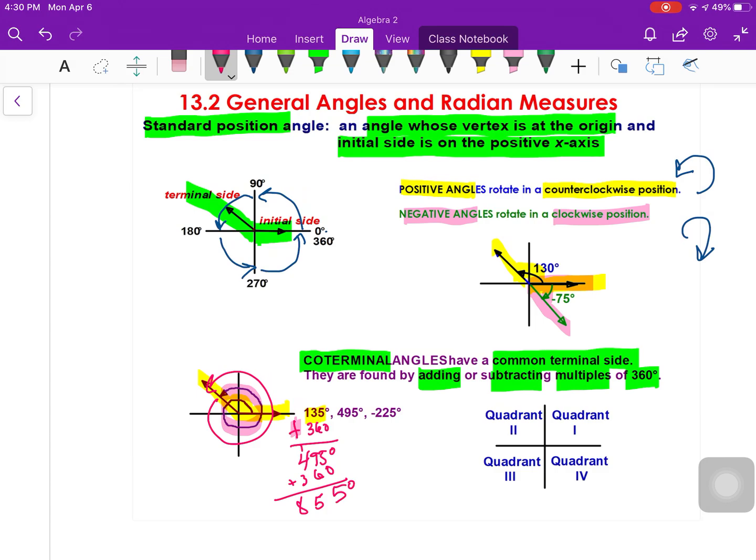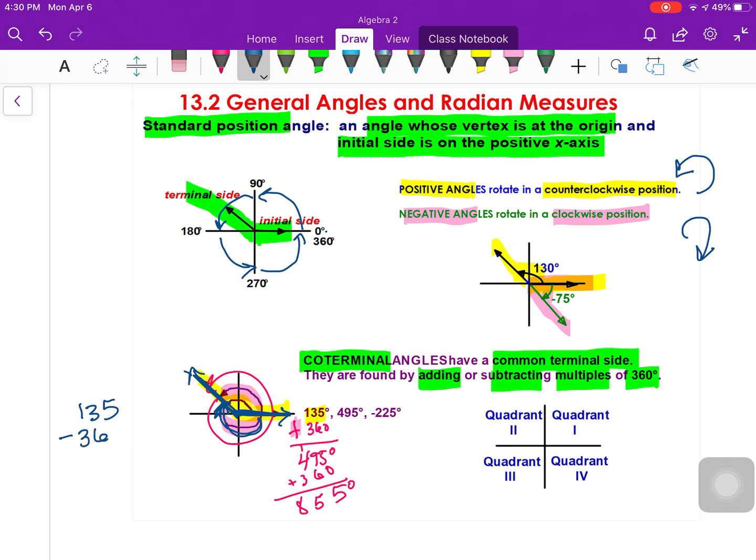Or I can go in the negative position. Again, this was my original angle. If I go backwards 360 degrees, it would also be a coterminal angle. So my initial angle was 135.